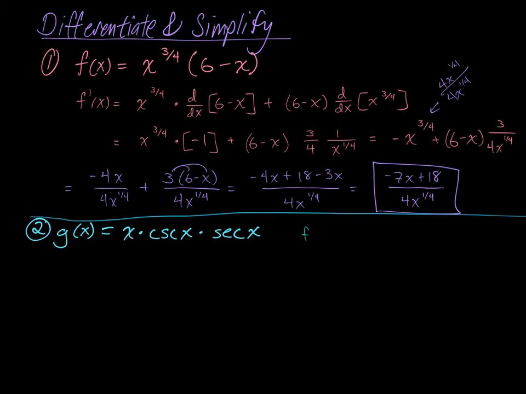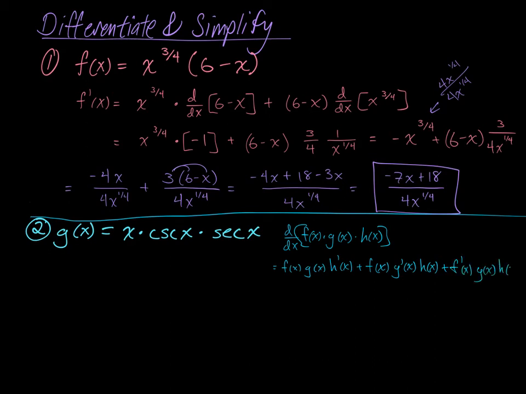If you have f of x times g of x times h of x, the derivative of that is equal to the first and the second times the derivative of the third, plus the first times the derivative of the second times the third, plus the derivative of the first times the second times the third.